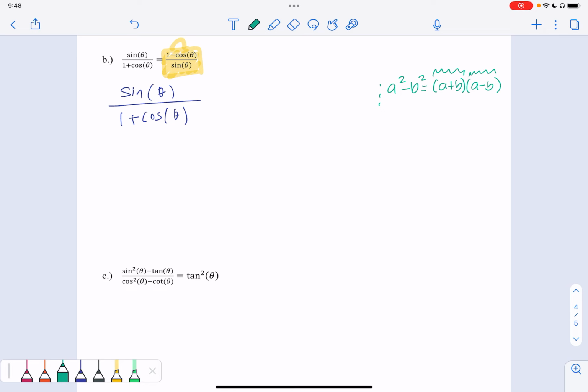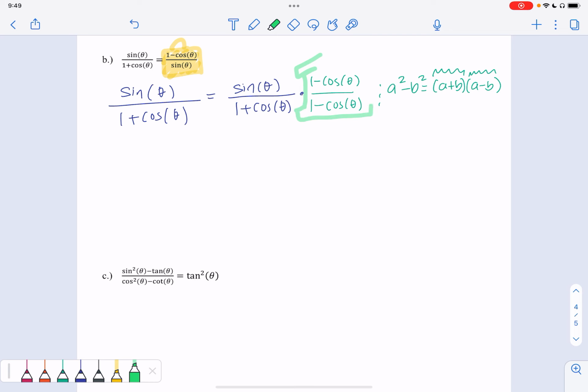Is that allowed? Well, it's only allowed if I'm thinking of it as multiplying by 1. So I'm going to say this is the same as sine of theta over 1 plus cosine theta, multiplied by 1 in the form of 1 minus cosine theta over 1 minus cosine theta. So this fraction here is equal to 1.